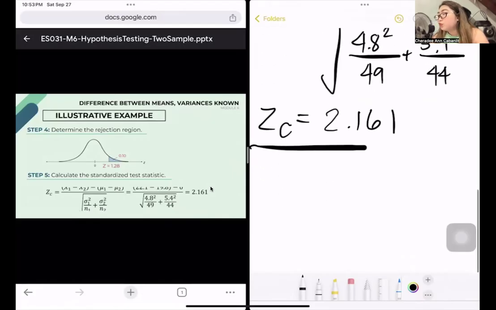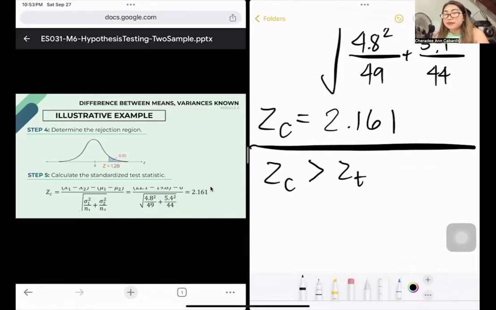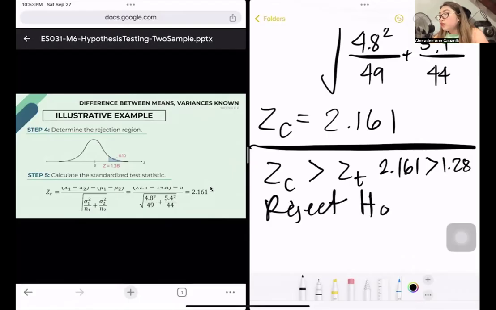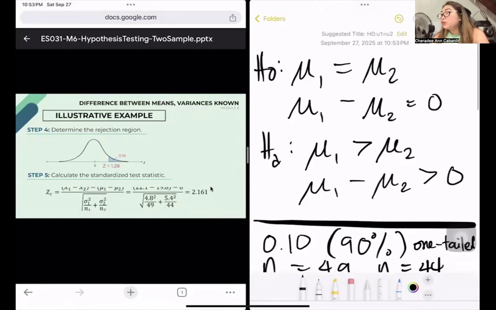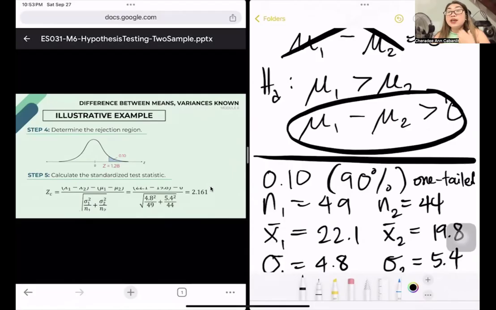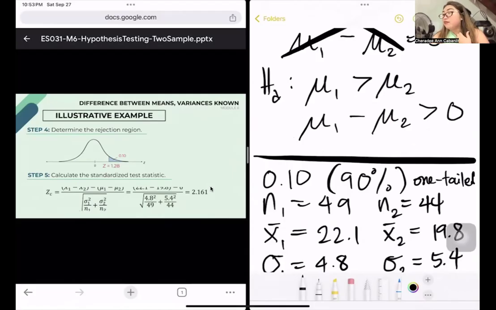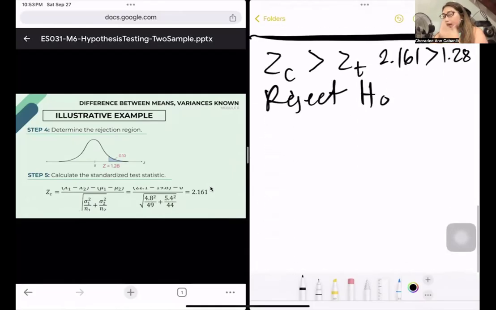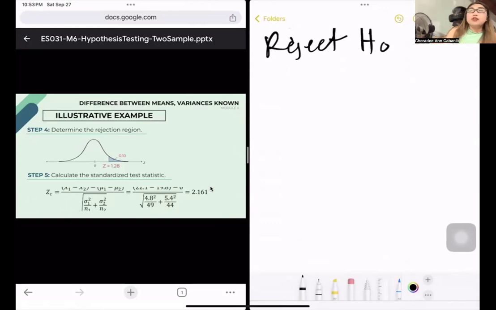Now, for your decision rule, is Z computed greater than Z table, which is obviously yes, because 2.161 is greater than 1.28. Therefore, we reject H0. So meaning to say, it's not the same anymore. Therefore, the answer is there is already a mean difference, and it's even better than the claim of the teacher is true that her class is better than her colleague's class.